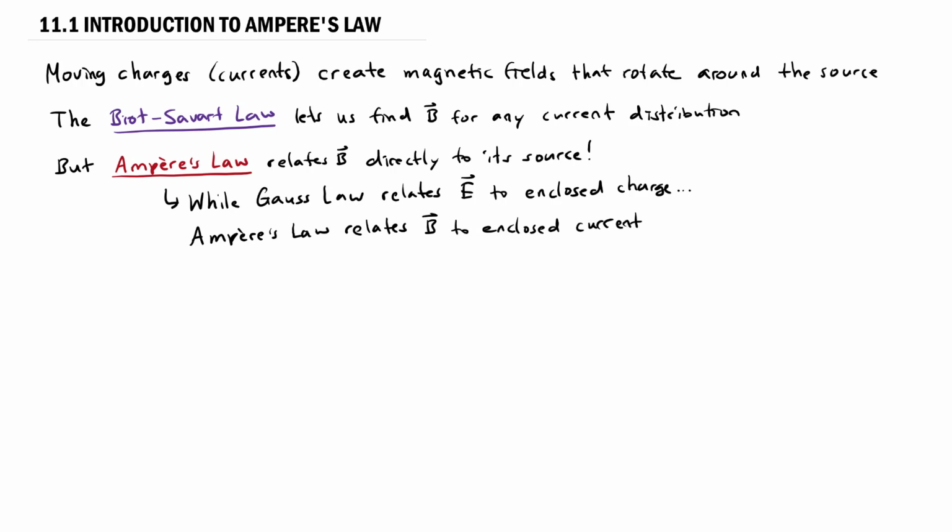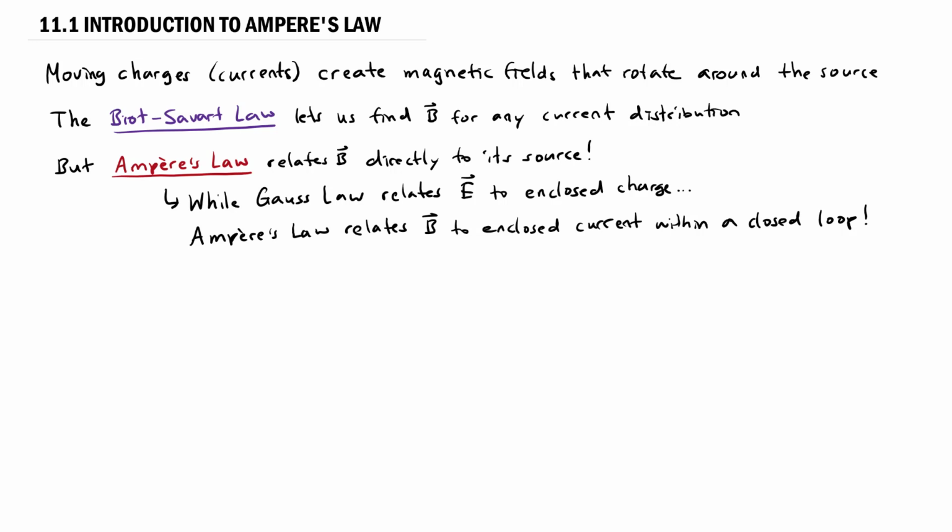And that enclosed current needs to be within a closed loop. So whereas we have Gaussian surfaces for Gauss' law, we're going to look at Amperian loops for Ampere's law.